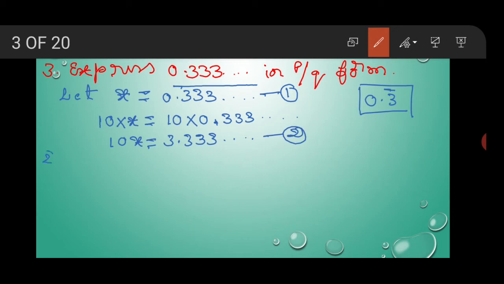Now subtract equation 1 from equation 2.